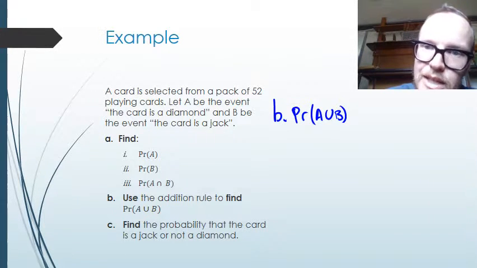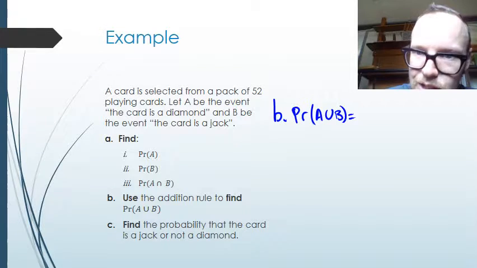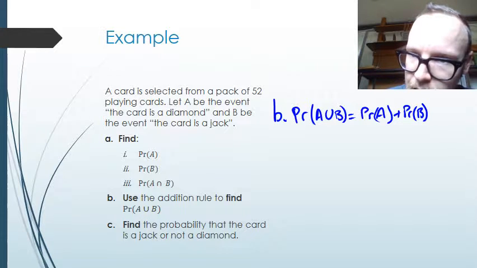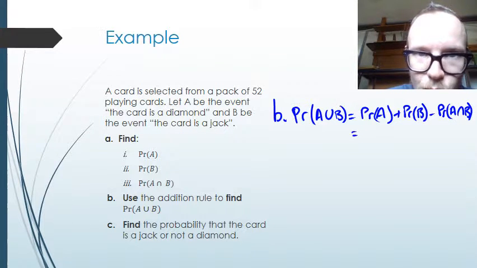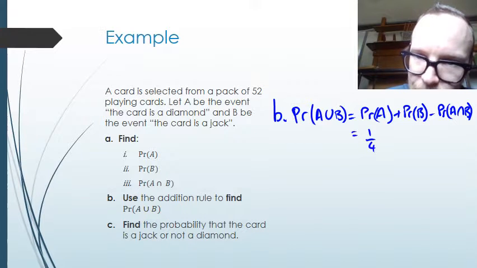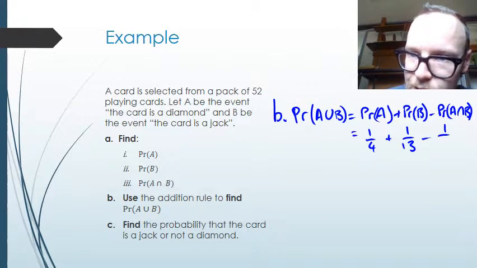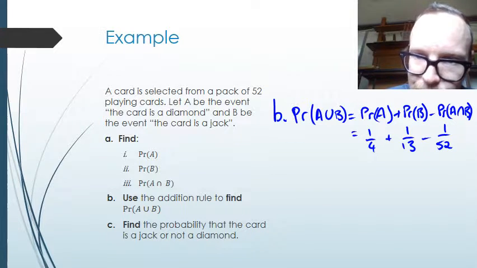In order to use the addition rule, we need the probability of A plus the probability of B minus the probability of A intersection B. The probability of A was 1/4, the probability of B was 1/13, and the probability of A intersection B is 1 card out of the 52.